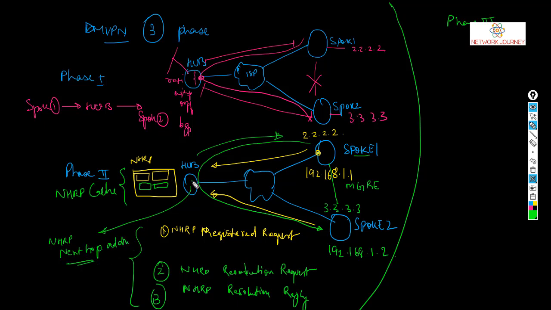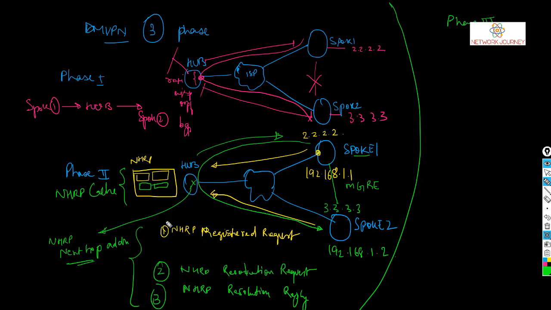If this fails, there is no way we know who the next person is. We do not know the next spoke IP resolution, right? So we depend on the next hop. In the case of phase 3, we are excluding all these dependencies. We are not going to make use of next hop.